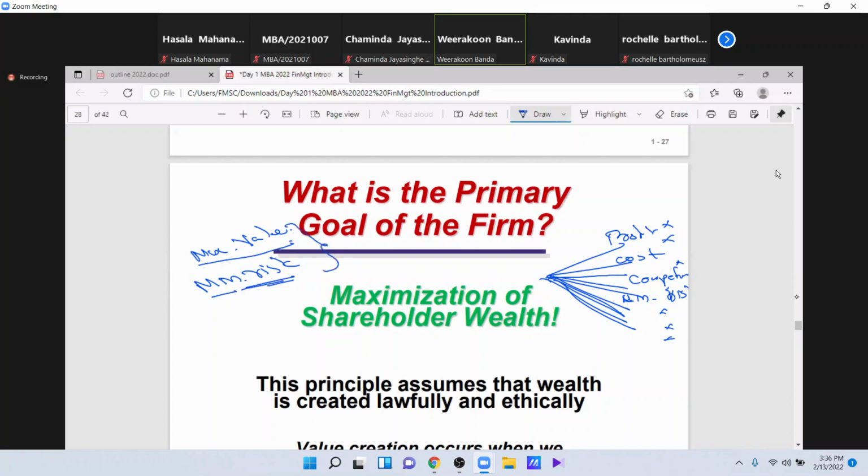Taking these two components, we can say the primary goal is to maximize value of the company, maximize shareholders' wealth. Sometimes we use the term shareholders' wealth. Otherwise, in other cases, we say maximize value of the company.